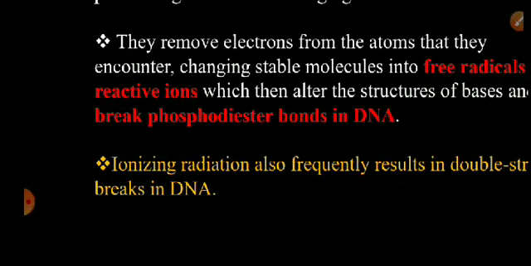They directly damage the DNA by causing ionization or excitation of nitrogenous bases, or indirectly by forming high energy free radicals. So they either create free radicals or they ionize the bases.